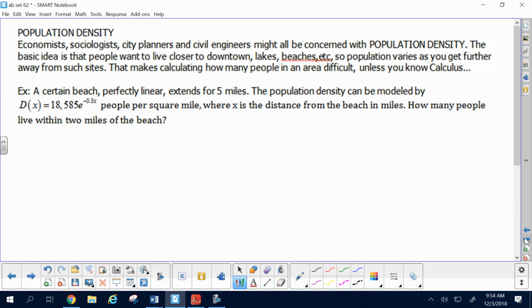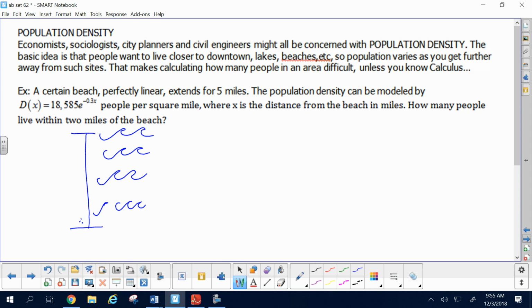A certain beach, perfectly linear. Here's the water. Extends for 5 miles. The population density can be modeled by that density function. Now that's a decaying exponential function, and the density would decay with distance from the beach.